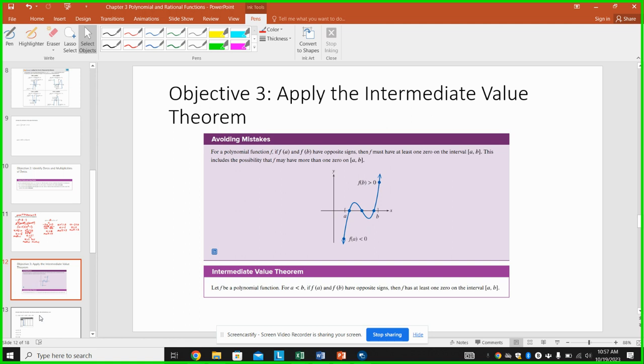So meaning, if I have an interval and I plug in those endpoints and one value is positive and one value is negative, at some point it had to equal 0. That makes sense?